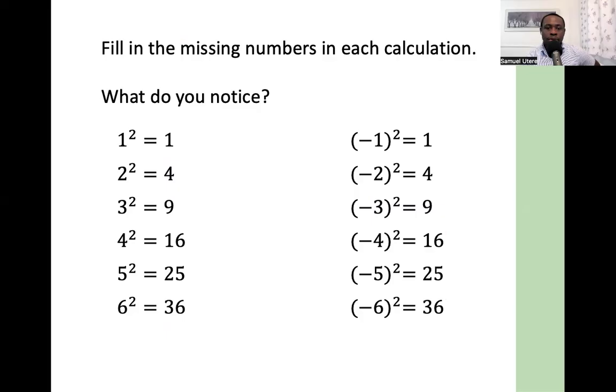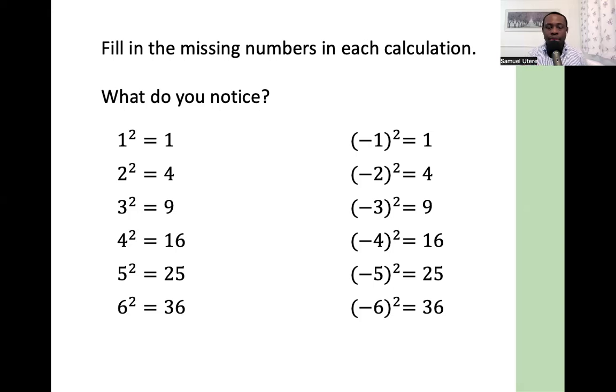I'm sure you've noticed that the square of the positive number gives the same result as the square of the negative number, although you must put the negative number in a bracket. So if you were to do this in a calculator, you must use the bracket to ensure that you have the correct result.